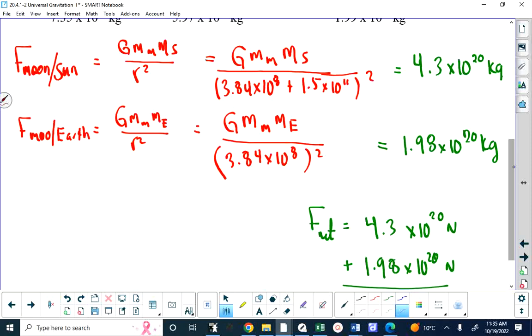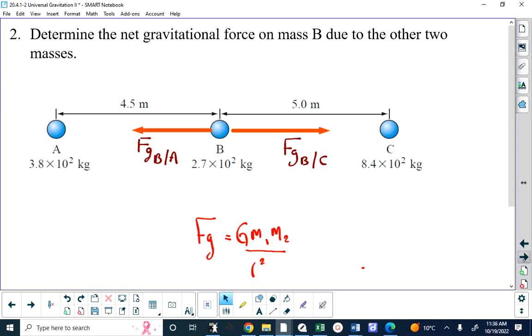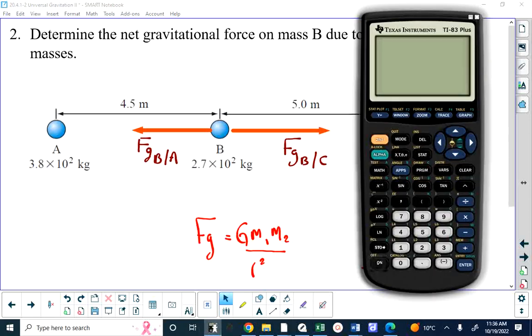So what I'm asking everybody to do is use this formula, Fg equals G m m over r squared, and I would like you to calculate each of these two forces. Because I'm not writing anything down, I'm going to calculate them up here if you need to follow along.